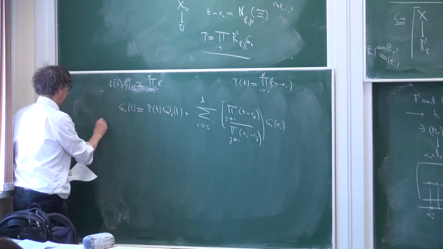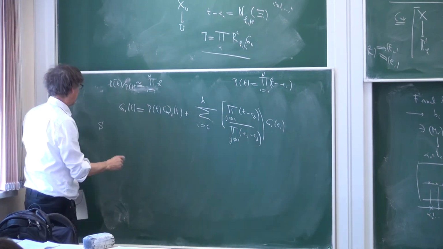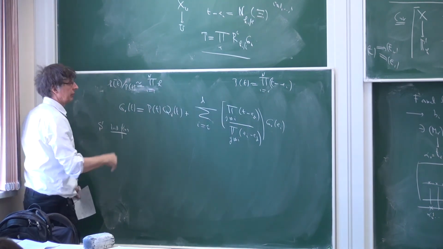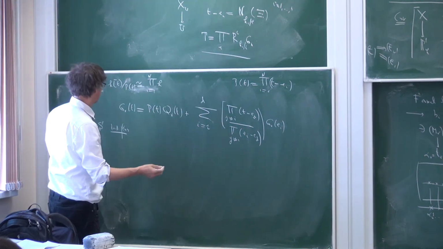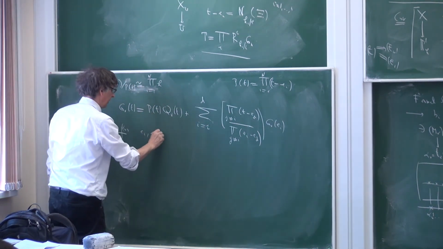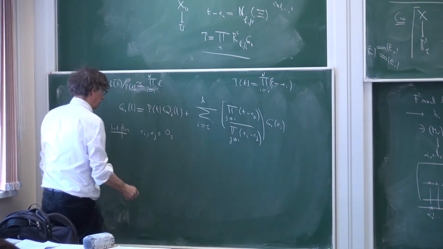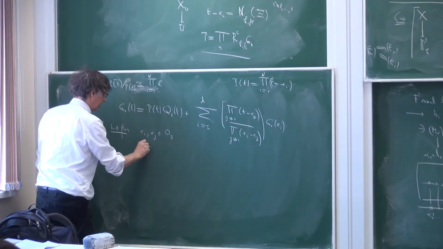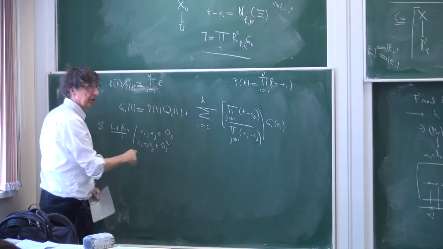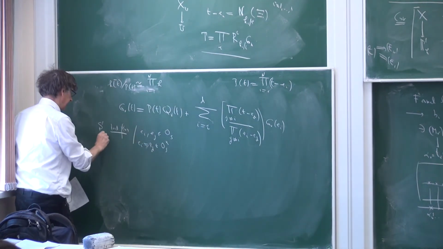Now we have to define a set S of bad places. As usual, you take whatever you can imagine. In particular, you want the e_i, e_j to be in O_S, and you want the e_i minus e_j to be in O_S star, etc. So you take the finite set of bad places.